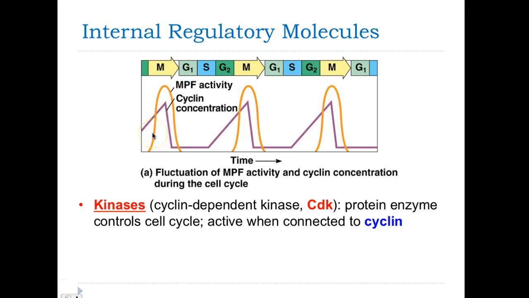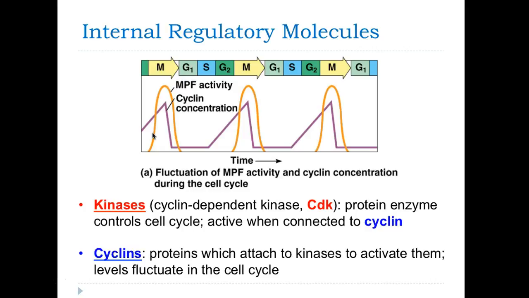So ultimately, this is kinases. And kinases, you have cyclin-dependent kinases, called CDKs, and basically these are protein enzyme controls within the cell cycle itself, active when connected to cyclin. So you have kinases and cyclin, and when the cyclin-dependent kinases are connected with cyclin, it's going to activate them.